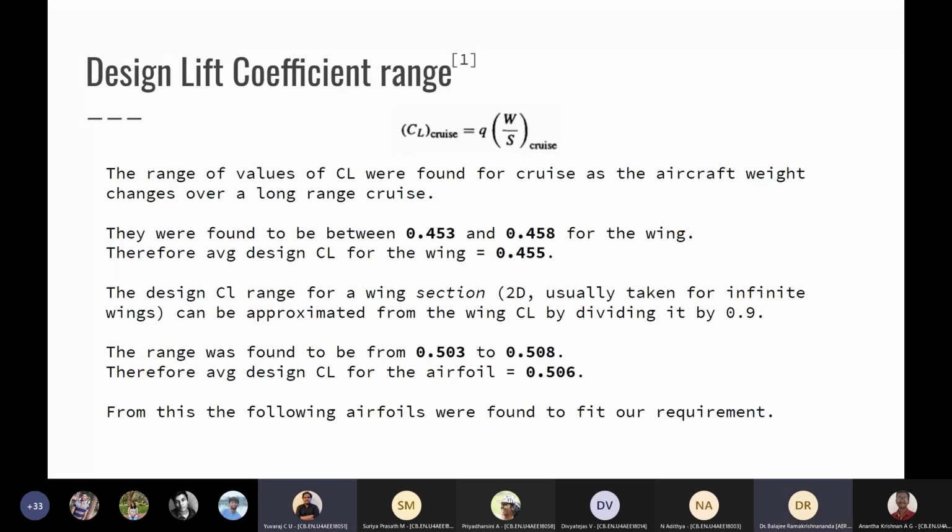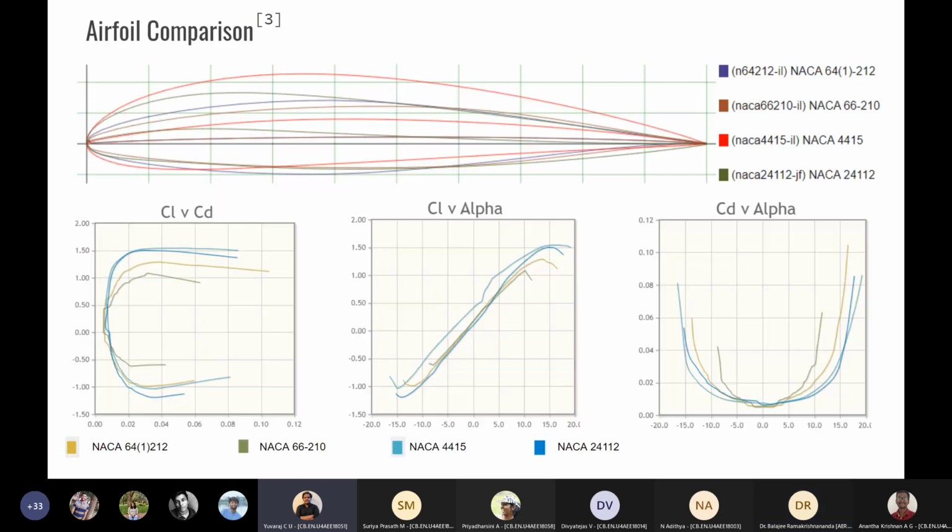And then we find the range for the design CL for the wing section as 0.503 to 0.508, and then the average design CL for the airfoil is 0.506. Using this design CL, we took 4 airfoils to compare, of which the NACA 4415 was found to be optimal.